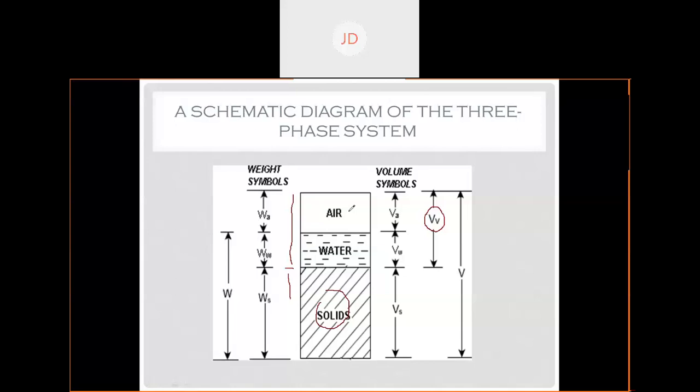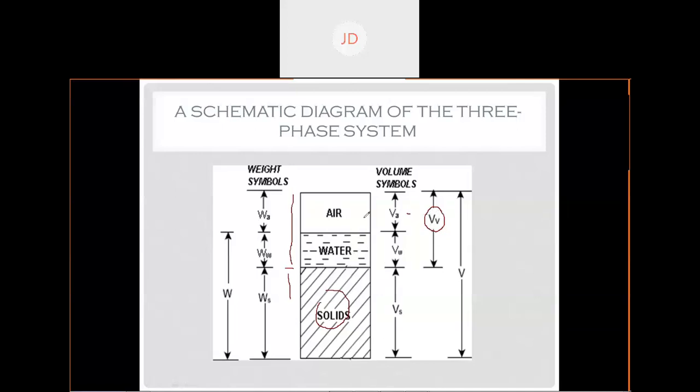If it contains air and water both, then the volume of voids may be the summation of volume of air plus volume of water, because this is a case of partially saturated soil.